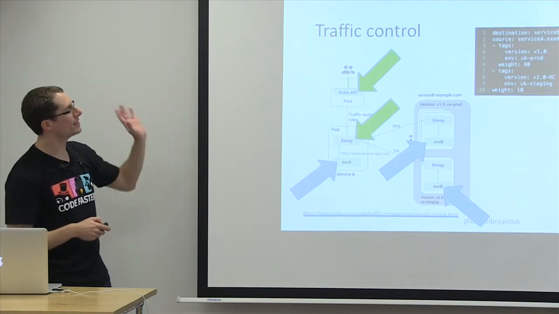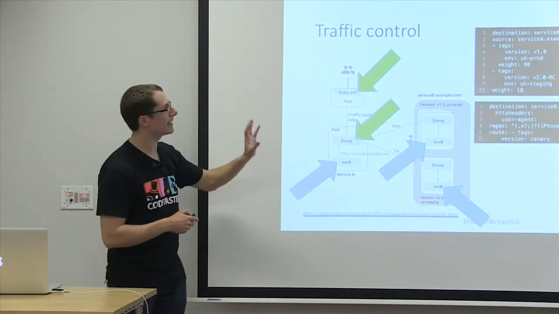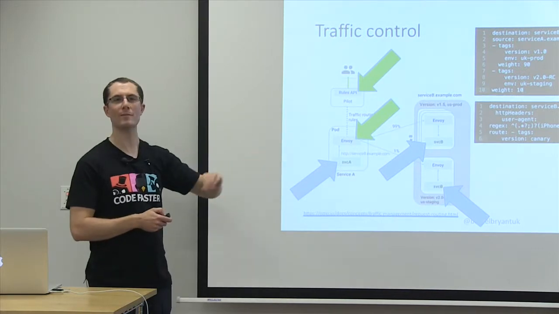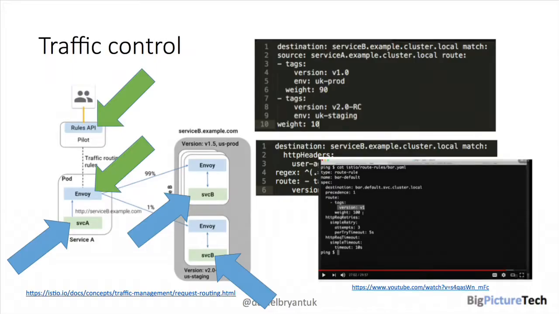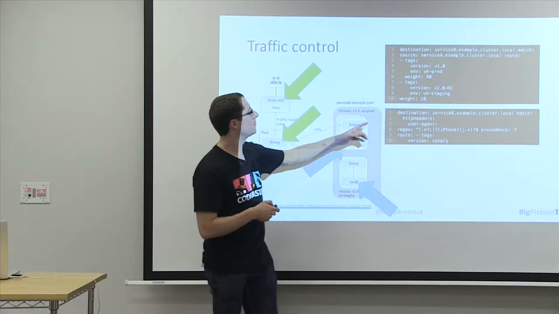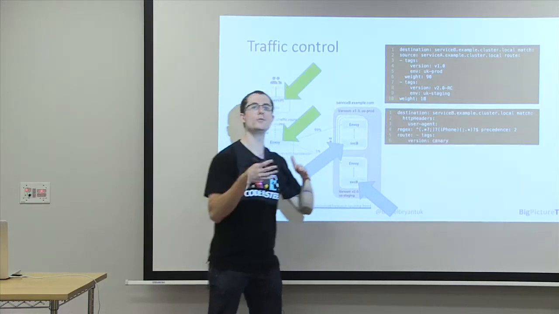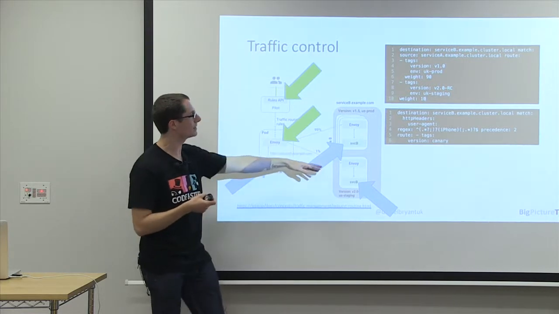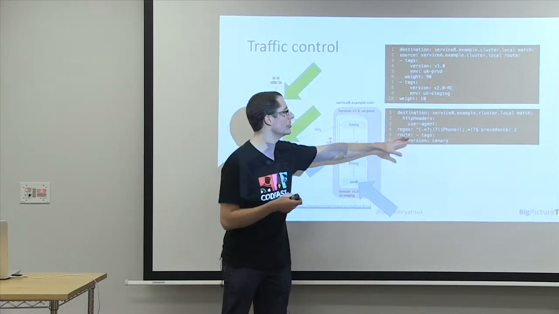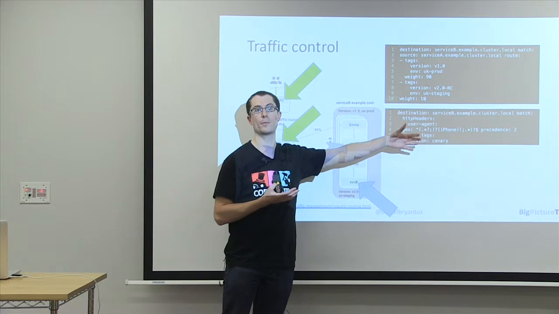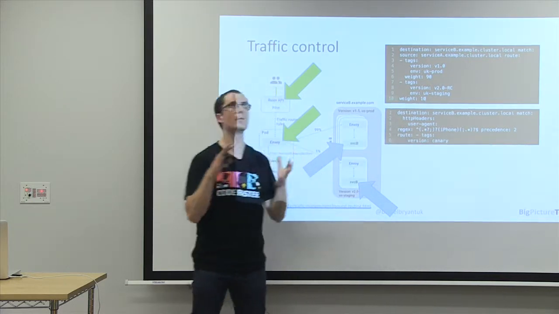So this is just a bunch of examples. I've taken this from Kelsey Hightower. I'm sure a few of you have bumped into Kelsey's great work. He's got a really nice tutorial. You can even do interesting things around routing based on headers. So you can only route that 1% test. We can say I only want to route iPhone traffic, for example. You can inject an arbitrary amount of headers.